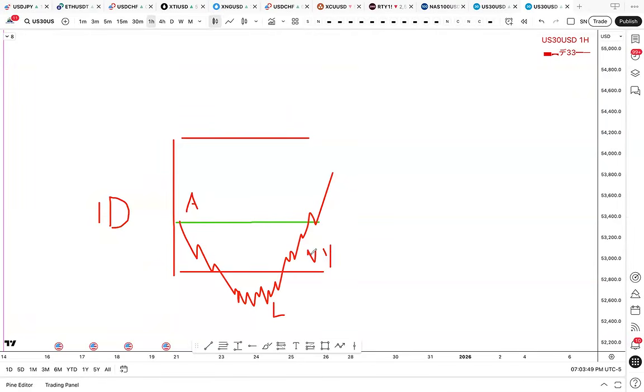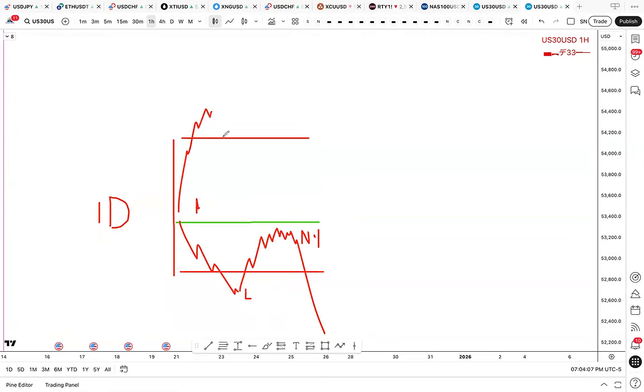Don't forget it. Remember your homework. You need to draw those out. Or they will break out and pull back. Asia high, London low, pulling back into the New York session. Or they'll break out and pull back. Dump coil pump.